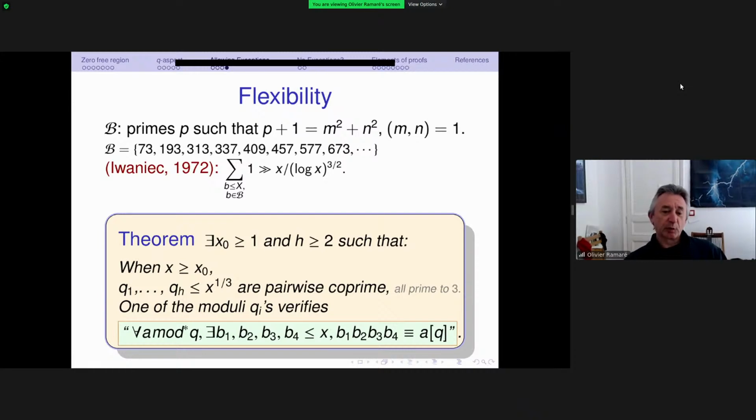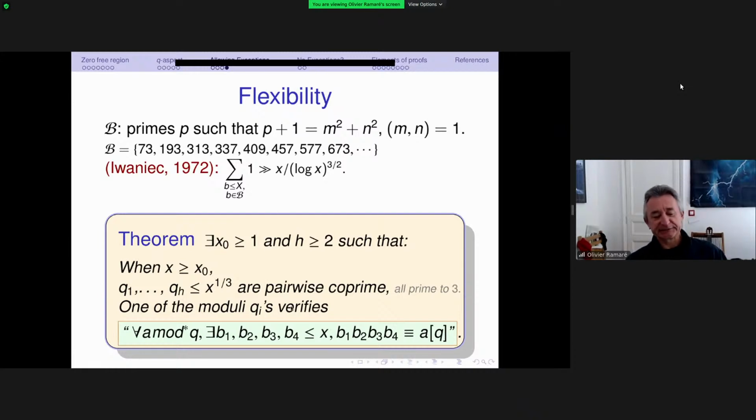But I don't know how explicit, I don't know whether we have an idea of this constant here. And you can use the very same method. You can build a similar setting around the Barban-Davenport-Halberstam inequality, but not with characters, because you don't have any characters anymore in this setting, but you can build the same thing.